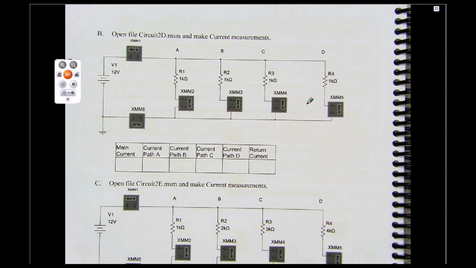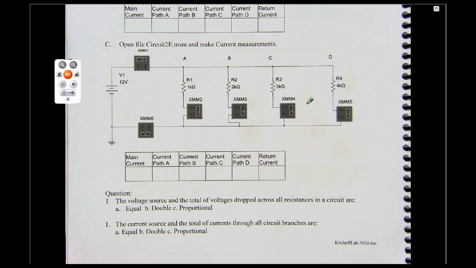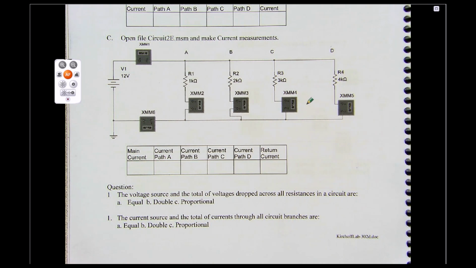You're going to measure the current for this circuit and this circuit down there. So, yeah, that's what we're working on today in the lab. So, any questions about that? All right, then I will take attendance and then I'll let you go.